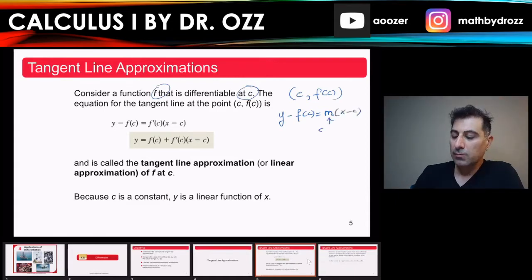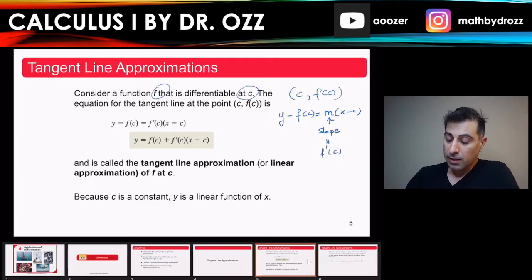Again, here m is the slope of the tangent line, and the slope of the tangent line is found by finding the first derivative of the function and substituting c for x. So this is the slope of the tangent line at x equals c, and at the end of the day we have y minus f of c equals f prime of c times x minus c.